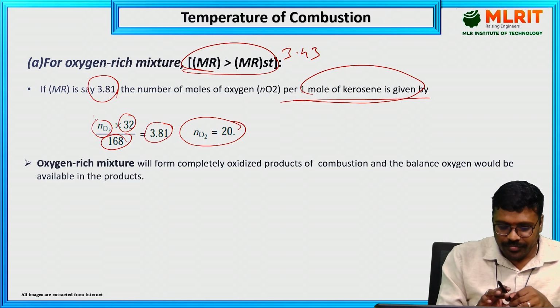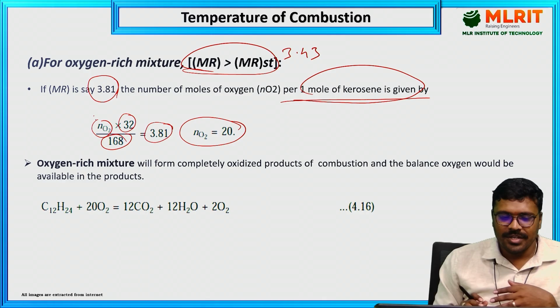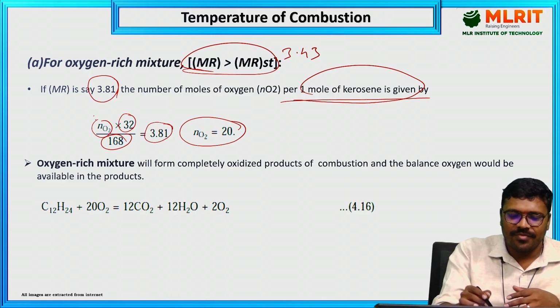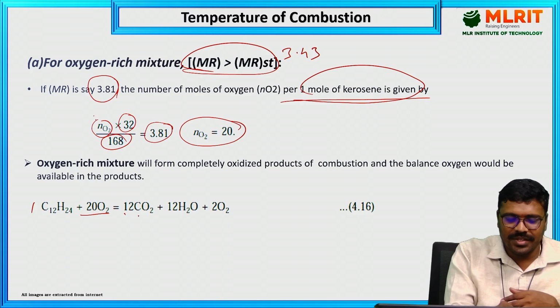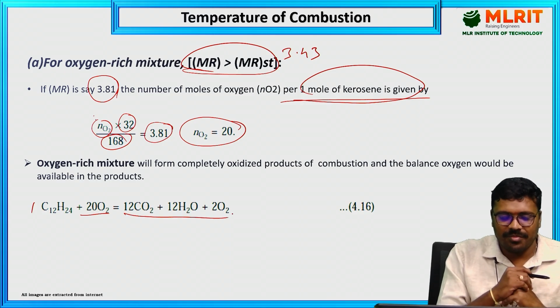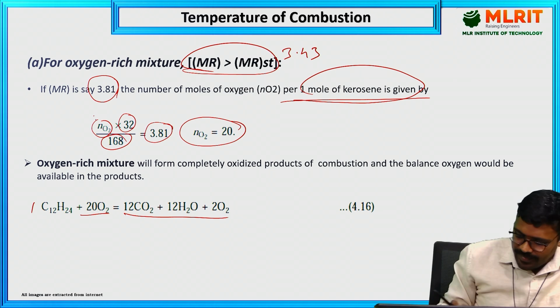This is an oxidizer rich mixture ratio. Now we will write the equation with 20 moles of oxygen and 1 mole of kerosene, and see the combustion products that are going to form.